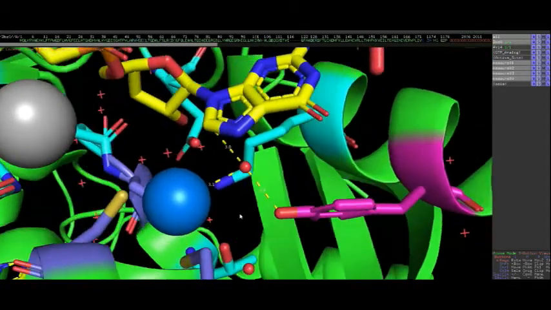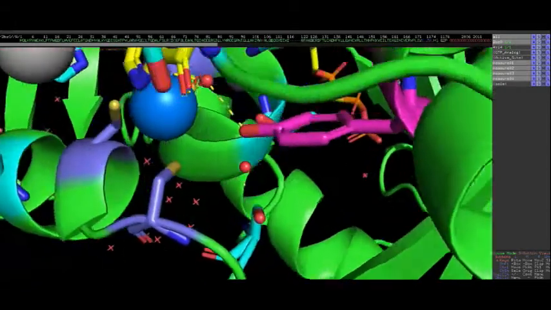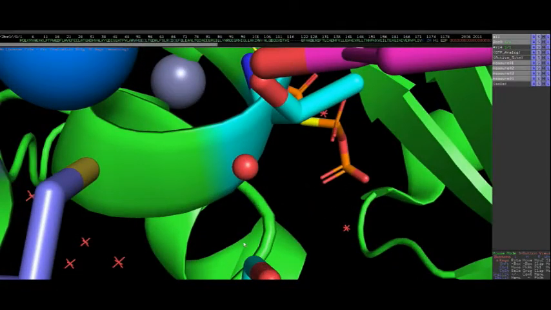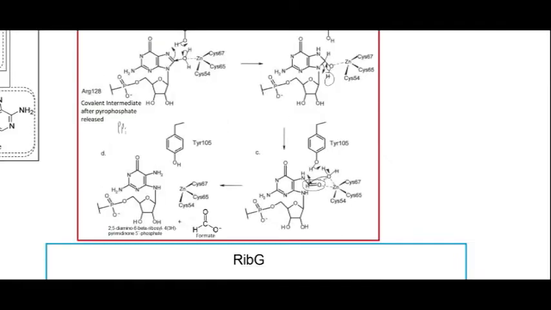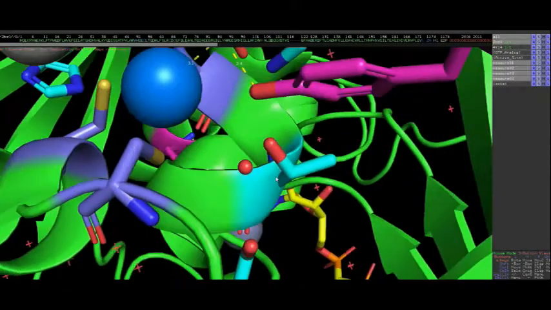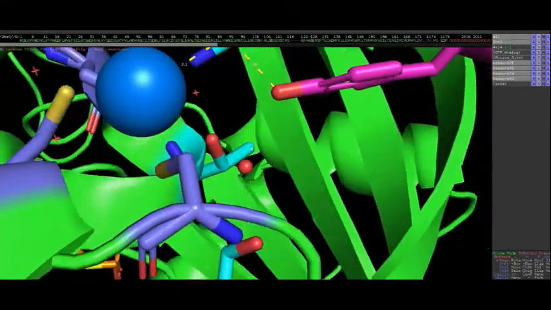And then the authors suggested that this water down here, this little red sphere, is the second water that's being used down here to attack that carbonyl carbon right there. I don't know. That seems maybe a little far-fetched to me.